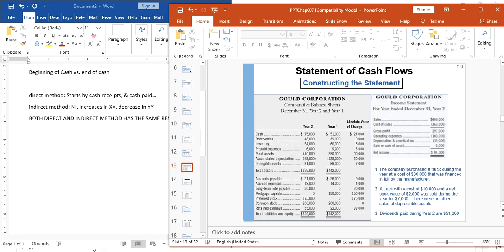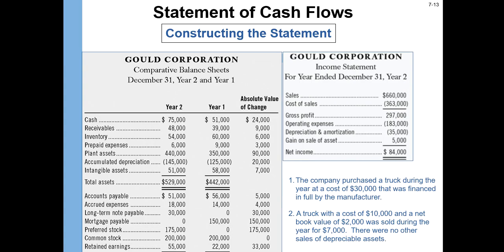Let's get into an example. So here is the balance sheet of this company. Not easy to pronounce that one actually. And here we have the first year and the second year, and here is the net change in these accounts.